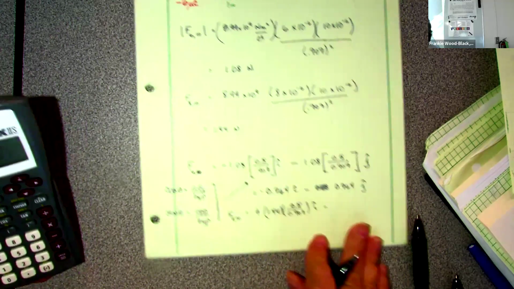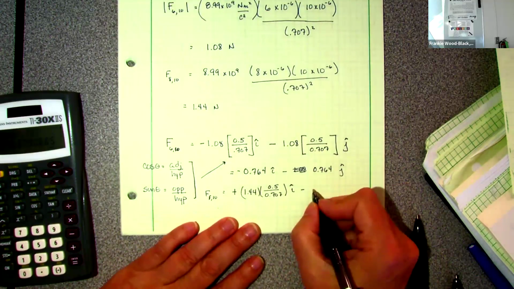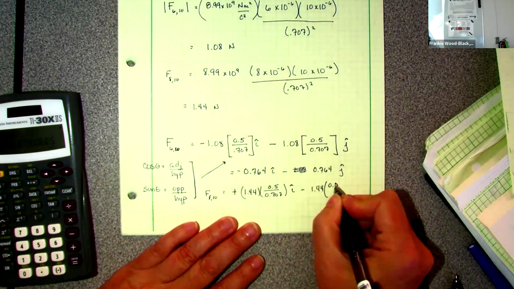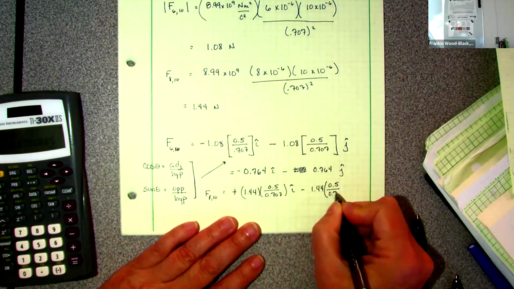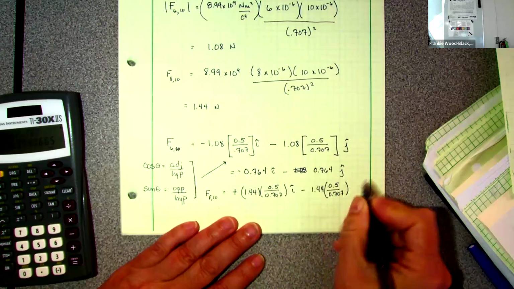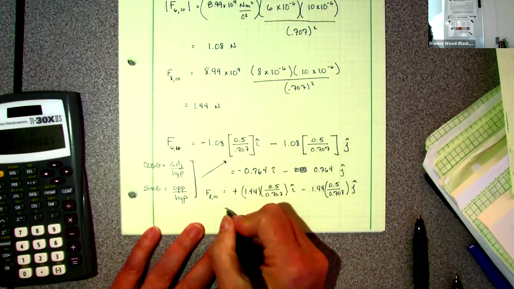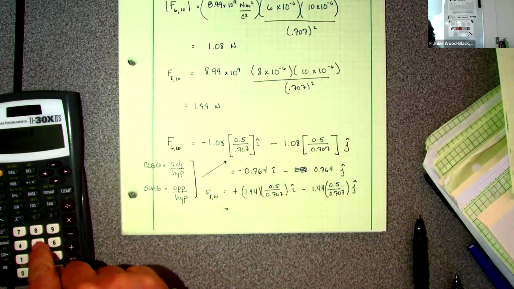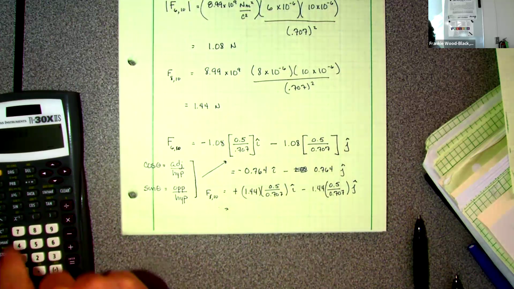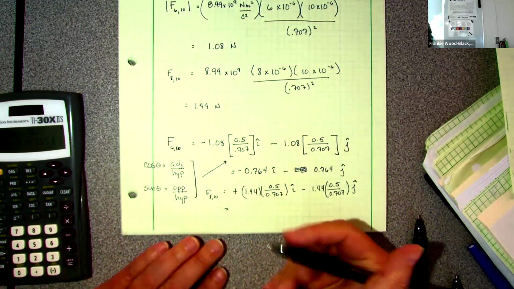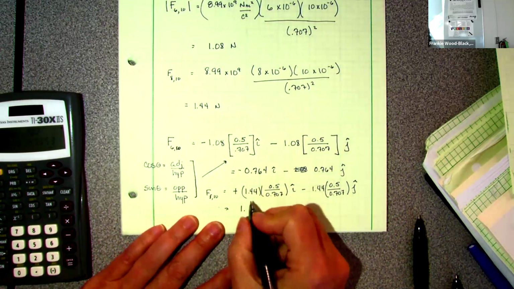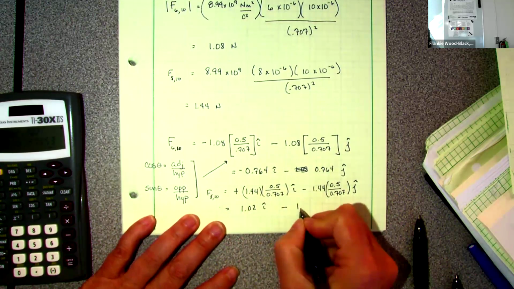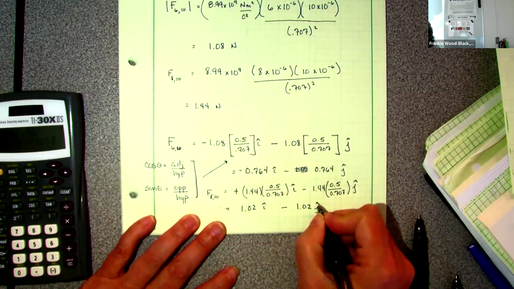And then I've got a negative in the Y direction. And I get 1.02 in the I direction minus 1.02 in the J direction.